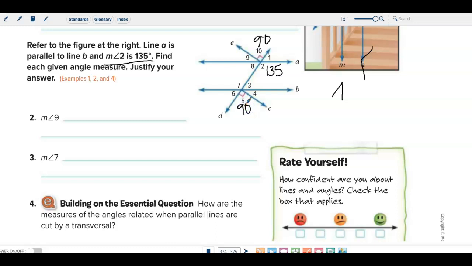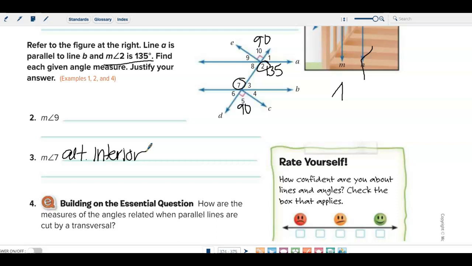So what did you guys do on this one, Gavin? They are on the opposite side and they're both on the inside. So 2 and 7 are alternate interior. So that means they are what? Do they equal each other or are they supplementary?